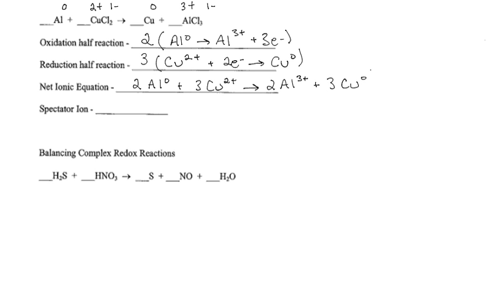Since chlorine is a -1 and it ends up a -1, chlorine is considered to be a spectator ion. To balance a complex redox reaction, step 1, we assign charges.